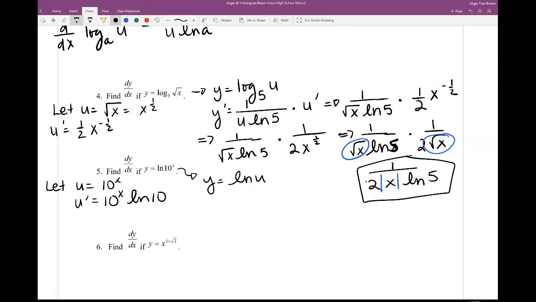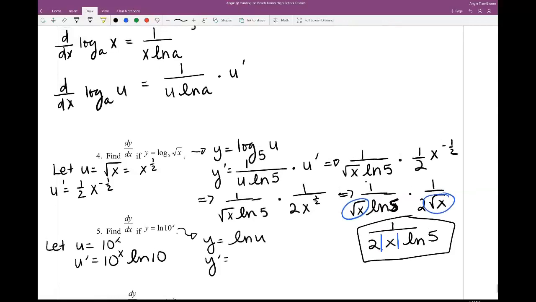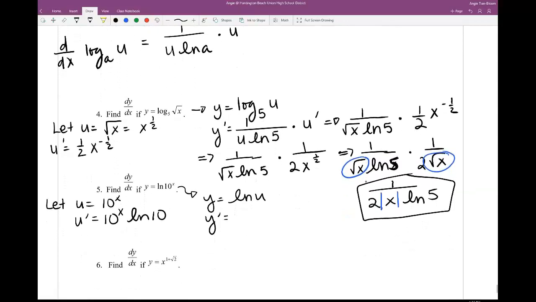So now let's take y prime. Do we know the rule for natural log of u? What's the rule for the derivative of natural log of u? Did you say it is 1 over u times u prime?